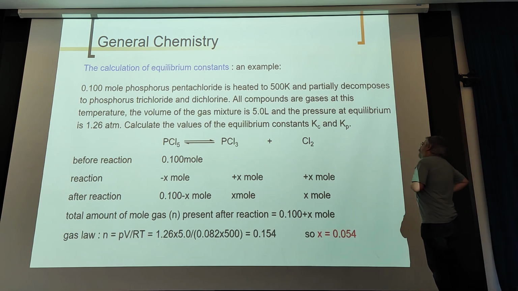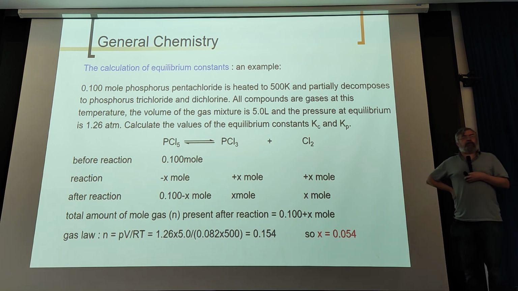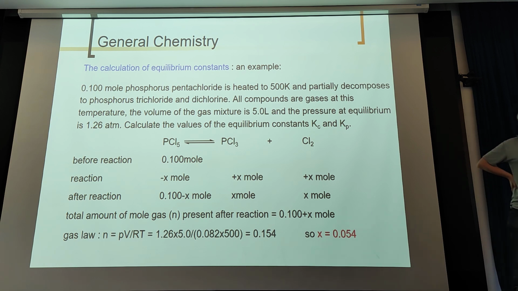So how to calculate equilibrium constants? Of course we need concentrations for that. This we can do in a simple manner. Here we have an example with a kind of exercise, you can say. We start from 100 millimole of phosphorus pentachloride. It is heated to 500 Kelvin, and it partially decomposes. So the phosphorus pentachloride releases dichlorine, and phosphorus trichloride is staying behind.